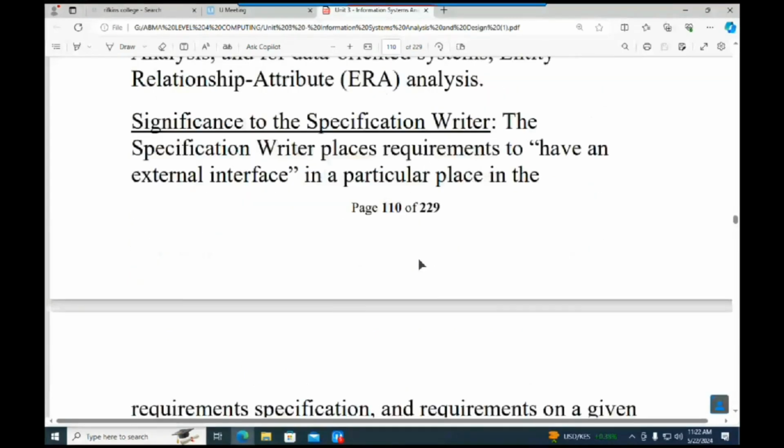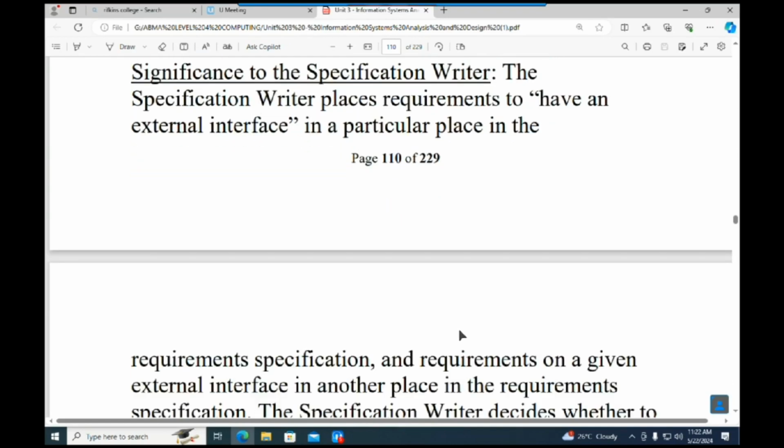When we are dealing with things like data-oriented systems, then we have the entity relationship attribute analysis that is done. Again, to the specification writer, the specification writer is going to place those requirements to have what we call external interface, maybe in a particular place in the requirements specification. And these requirements on that particular internal interface are going to be placed in another specification.